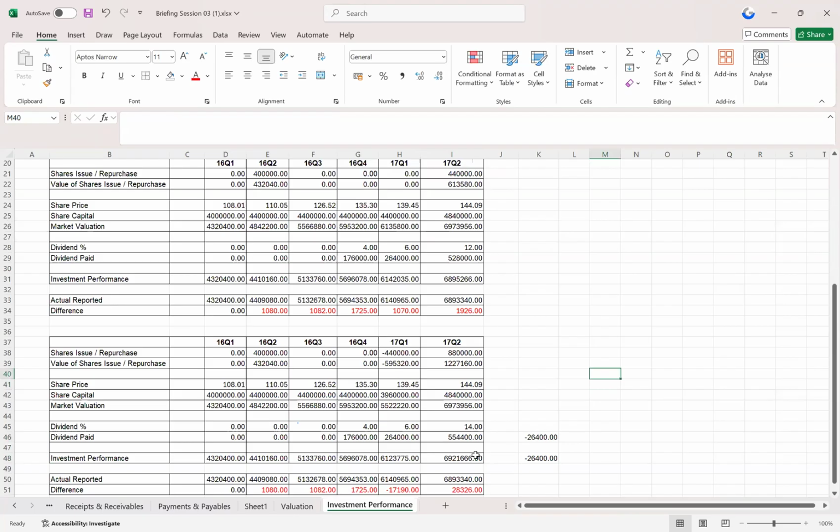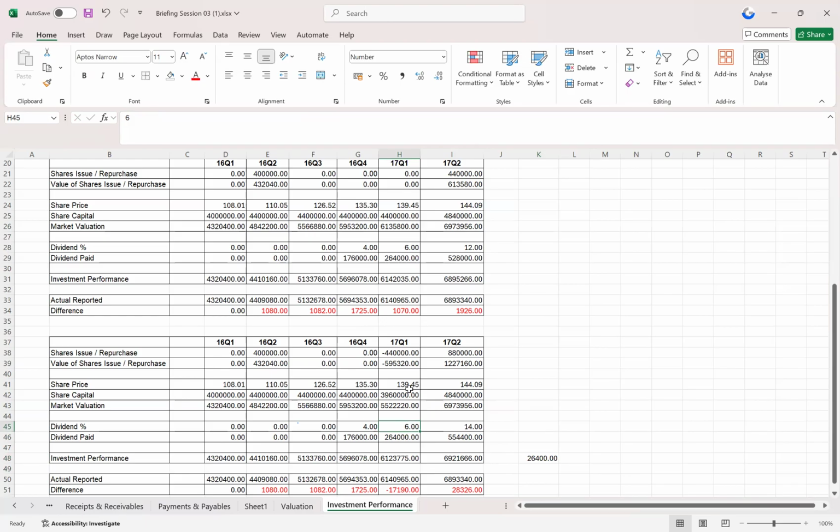Even if we increase from 12 to 14, my investment performance increases by this simple act of repurchase that we did, by 26,400 euros. But we have to increase the dividend percentage. Only in that case can we get higher investment performance.